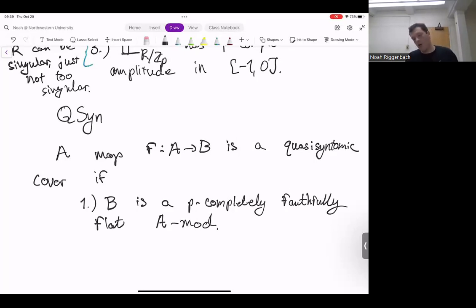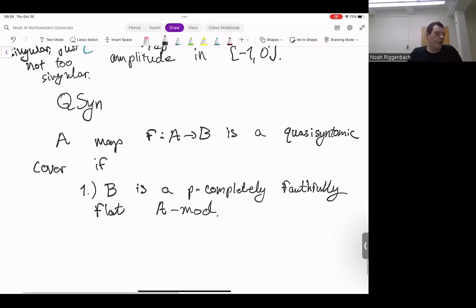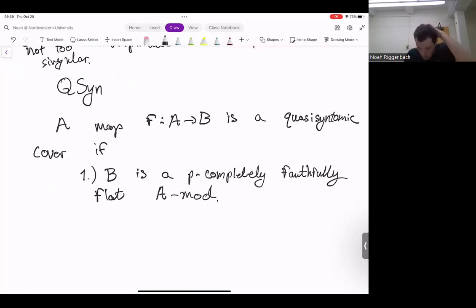So on Spec, we want B to actually cover A topologically. And the second condition is that the cotangent complex of B over A has P complete Tor amplitude.